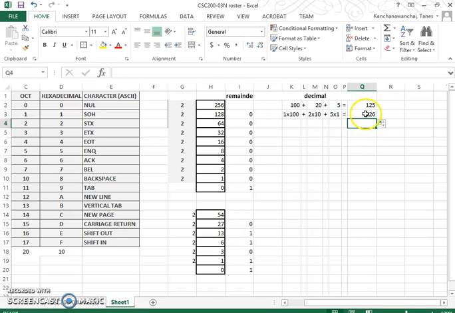But if you look at the exponents, what 5 actually is, is 5 times 10 to the power 0, correct? So I'm going to use superscript symbols to represent to the power 0.